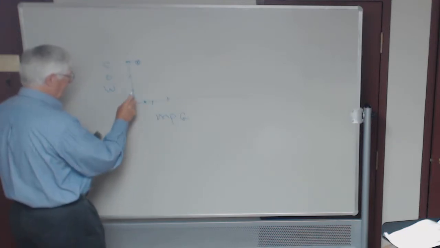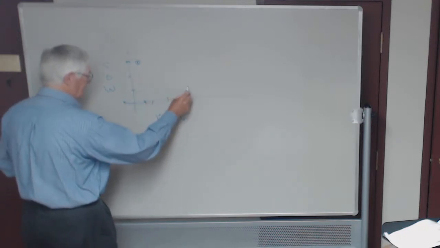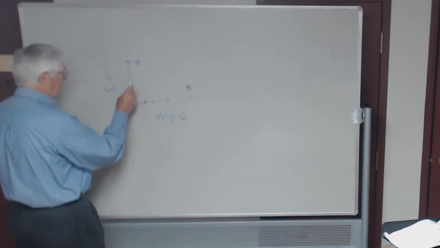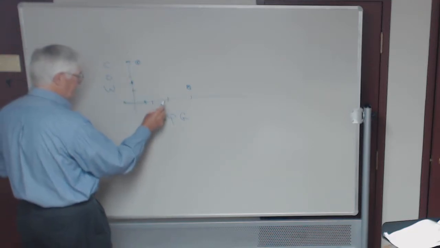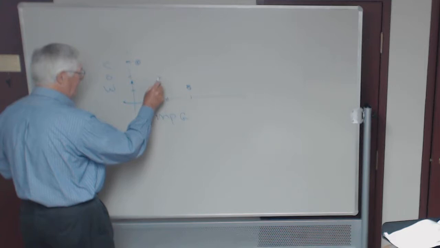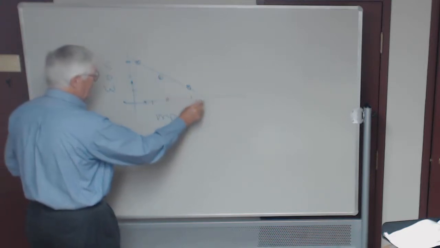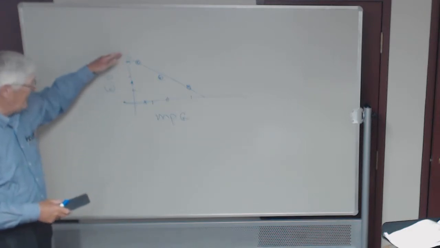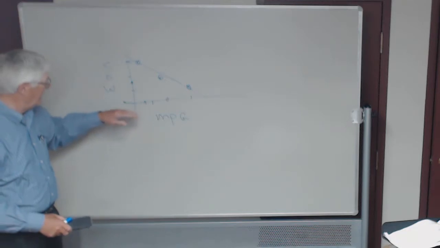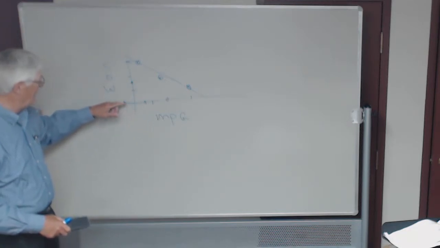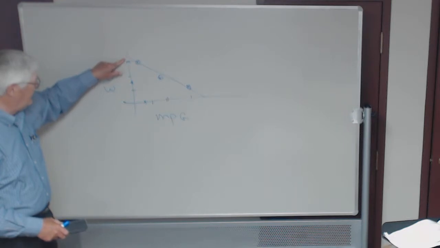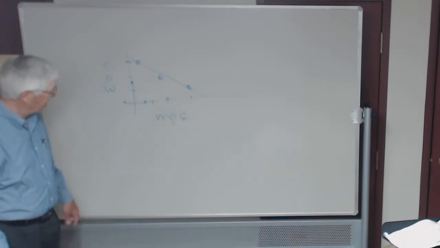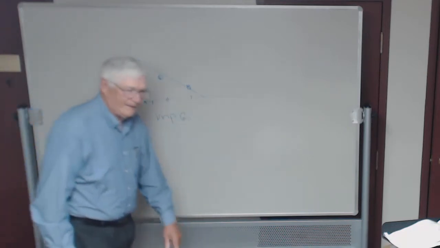And then I have a light car that gets high miles per gallon, so that's right over here. I have a medium car that gets medium miles per gallon, so that's right here. So what kind of correlation is that? Negative, because as the weight goes up, the miles per gallon go down.